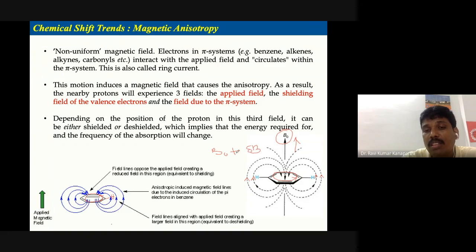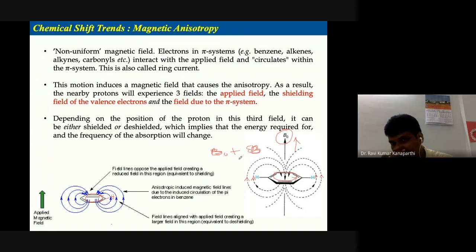What is this? One is the applied magnetic field, and the other is nothing but the induced magnetic field. So it is a little more. Therefore, this will be observed in the de-shielding region. So this is the concept of magnetic anisotropy.